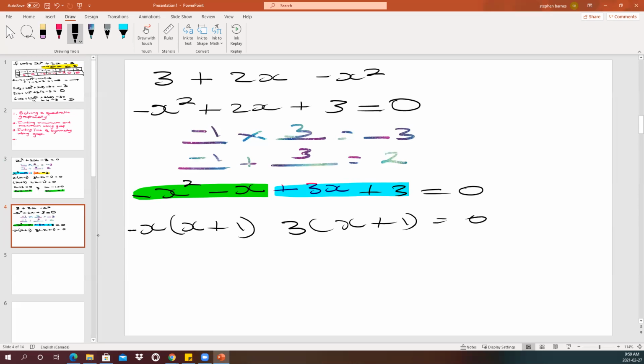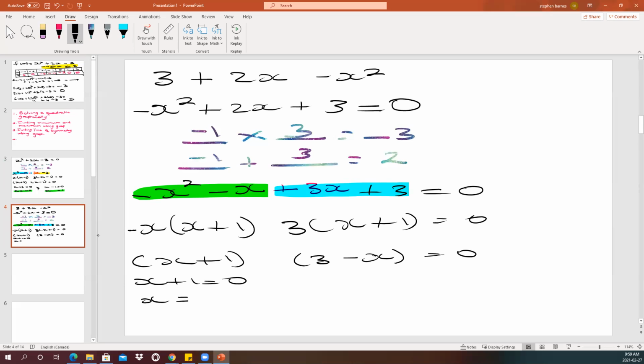Equals 0. So for one bracket, we're going to have x plus 1, and for the other bracket, we're going to have 3 minus x, or -x plus 3, whichever way you want to put it, it's the same thing, equals 0. Now we're going to solve for both of these. x plus 1 equals 0, x is equal to -1.